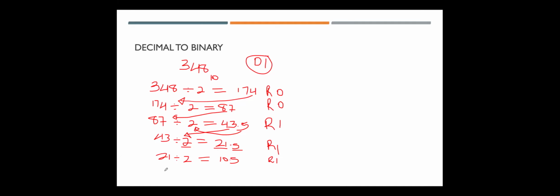Then we shall proceed to carry our 10 divided by 2, which is 10 divided by our base 2, and it will give us what? It will give us 5. Remainder what? Remainder 0. Then we shall take our 5 divided by 2.